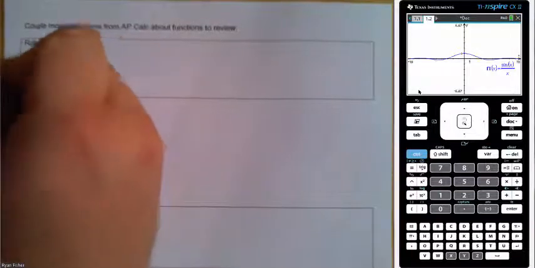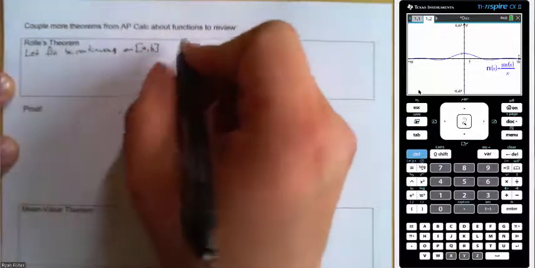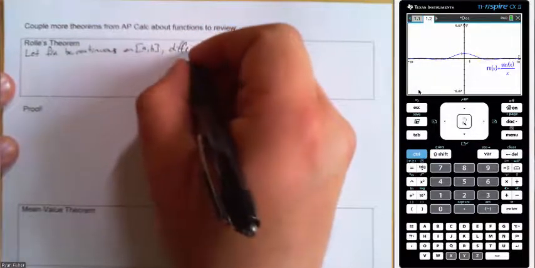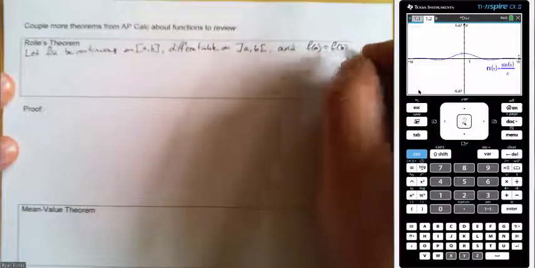Recall Rolle's theorem says this. Let f be continuous on a closed interval, differentiable on the open interval of those same points, and also that f of a is equal to f of b.